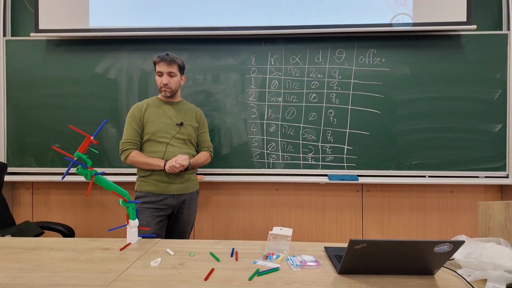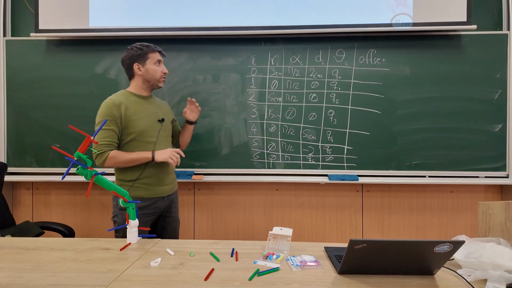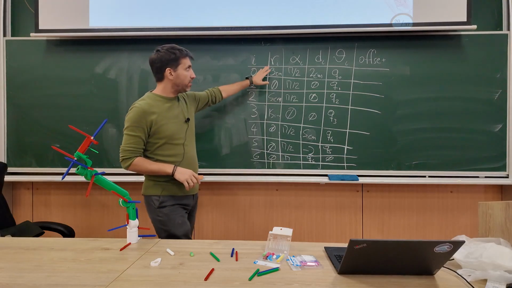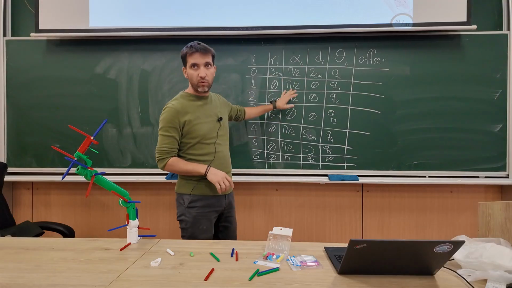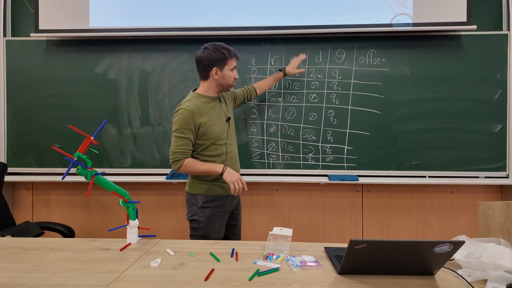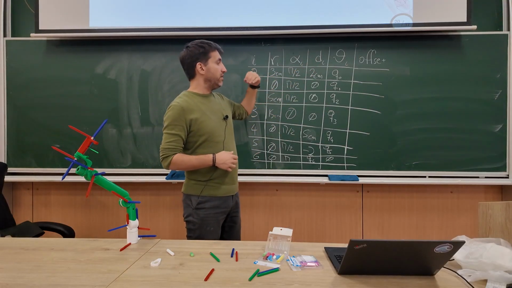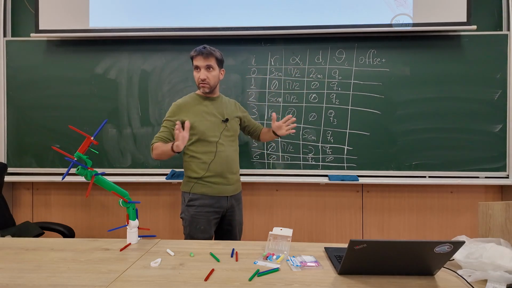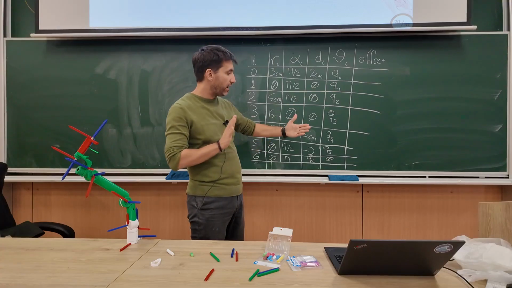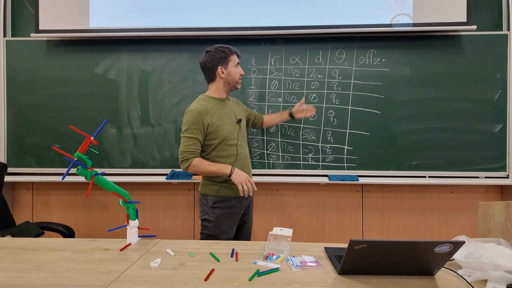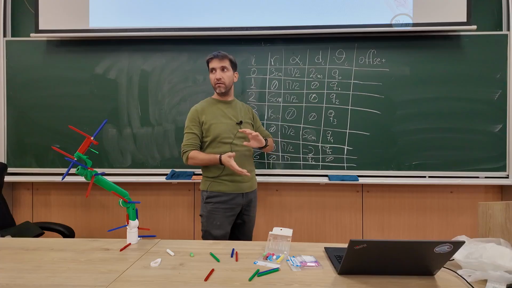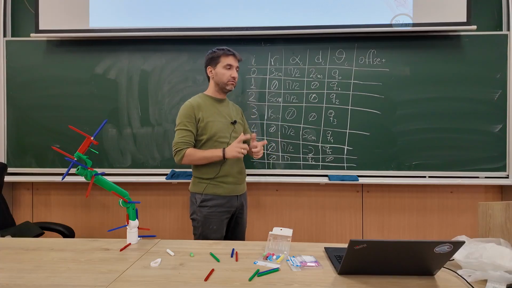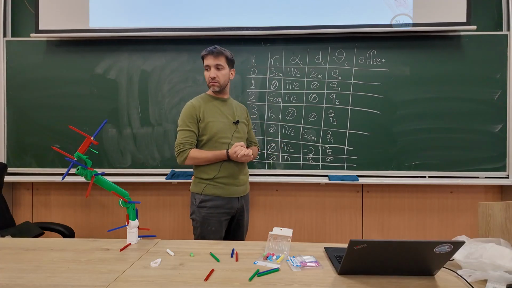Good. So, I calculate r and alpha the same way for all the joints, and d and theta for all the joints, but if I have a prismatic joint, d will be a variable, the joint coordinate, the joint length, right? If I have revolute joints, theta will be a variable, the joint angle, okay, always.